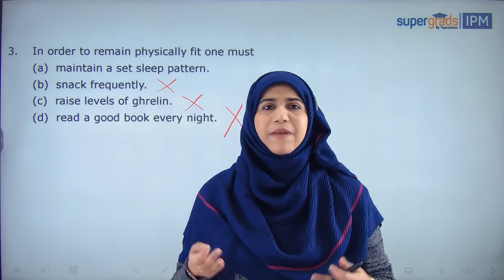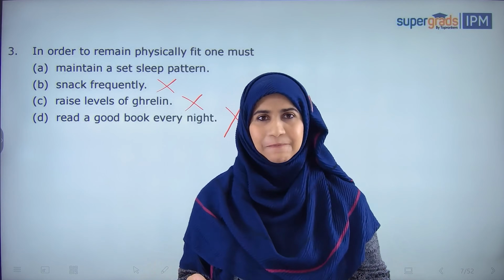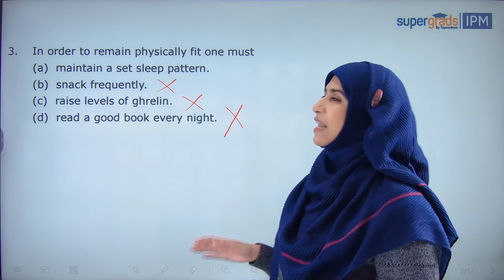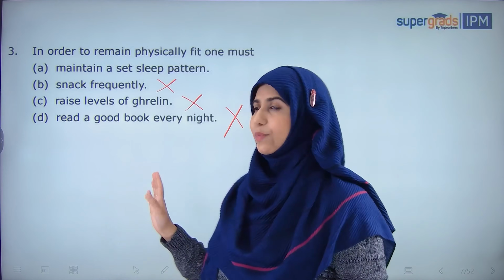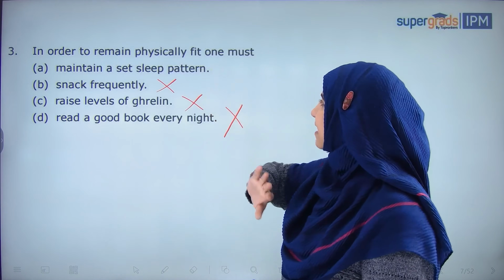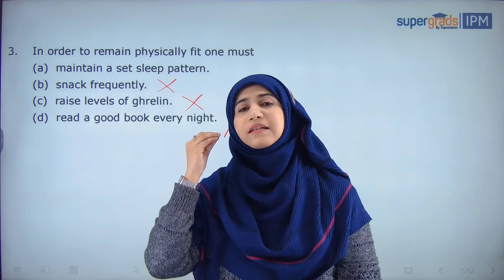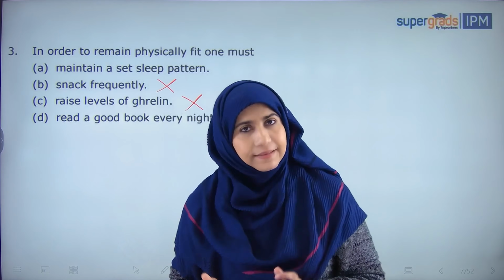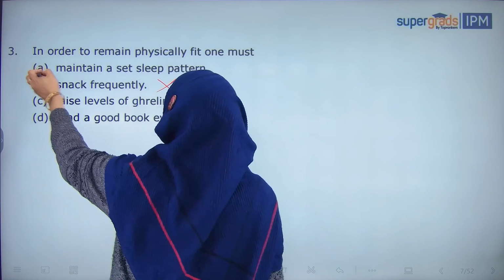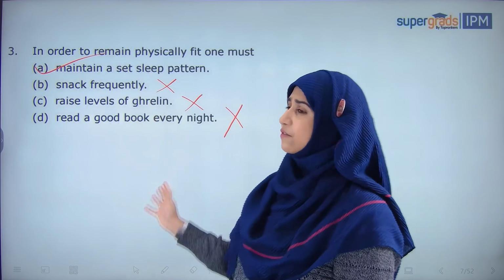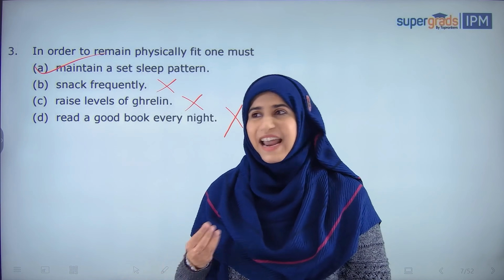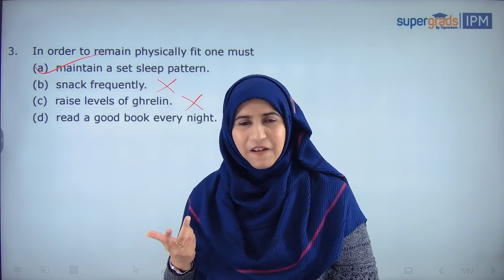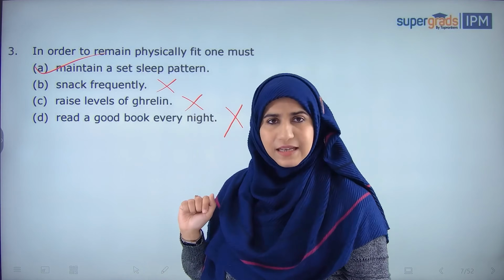It can make you fall asleep easily, and you can have a sound sleep. That was given in the passage. Coming to this, maintain a set sleep pattern. ये clearly बोला गया passage में कि आपका regular sleep pattern होगा तो आप healthy रहोगे. Very easy questions. Raise levels of ghrelin? No. Ghrelin would make you hungry, and that would lead to obesity.